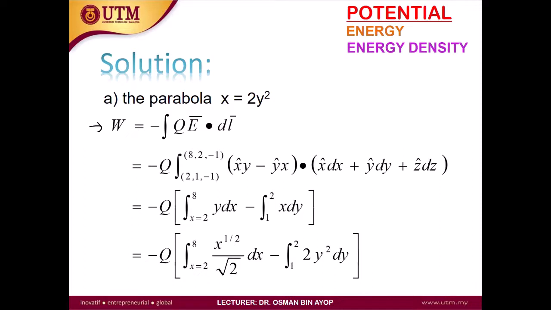So our E is here, and our dl, using Cartesian coordinates, is equal to dx x plus dy y plus dz z. Here we have the vector x and vector y, so the vector z will not be used. And our destination is from (2, 1, -1) to (8, 2, -1). So this is the road.